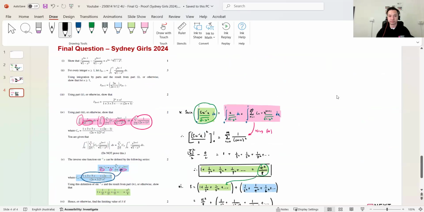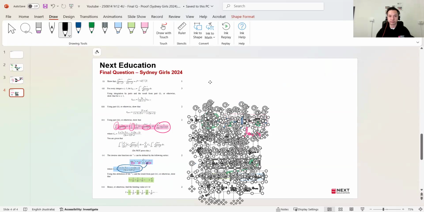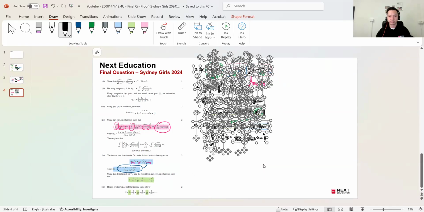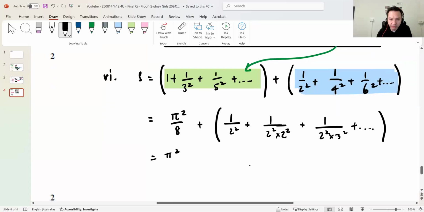Oh, I'm at the bottom. Okay. Let's move it up. Yep. So then now, if I factorize 1 on 2 squared out, I get 1 plus 1 on 2 squared plus 1 on 3 squared plus, okay.